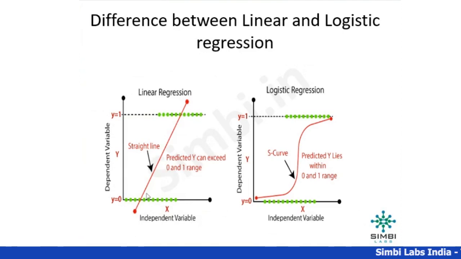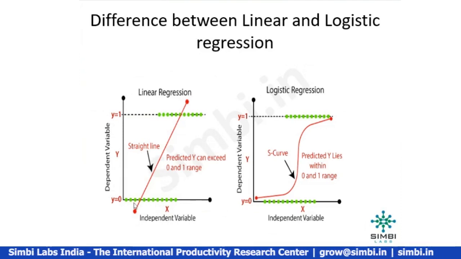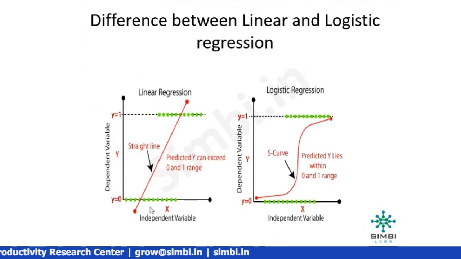And this is about linear regression, but in multiple regression we already know that we have two or more variables. Like salary is the dependent variable, and age, working hours, and educational level are all independent variables.